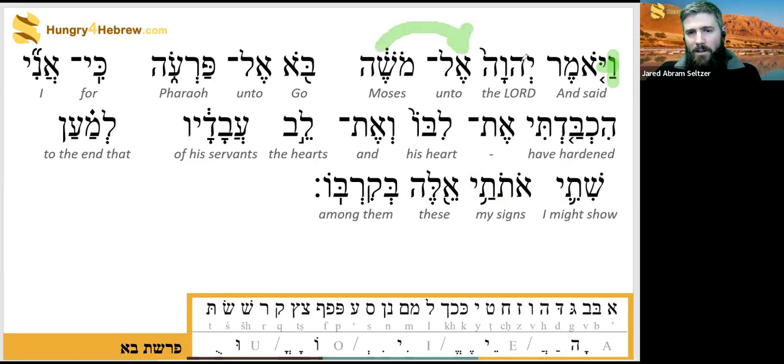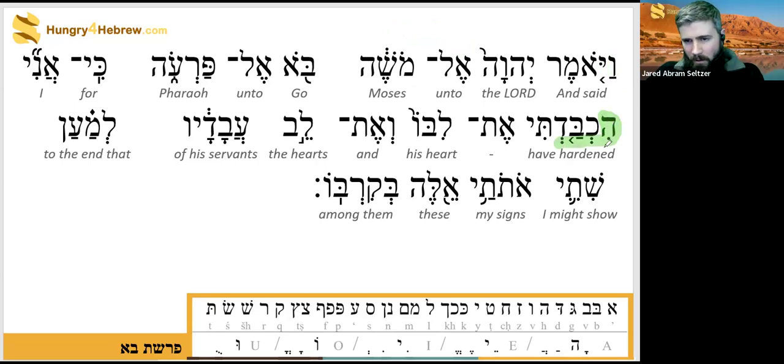He's the object of this preposition. Bo, again, bet vav aleph. Where's the vav? It's gone. Bo el Paro: go unto Pharaoh, ki ani hichbadti. So the root is kaf bet dalet. The hey is causative.